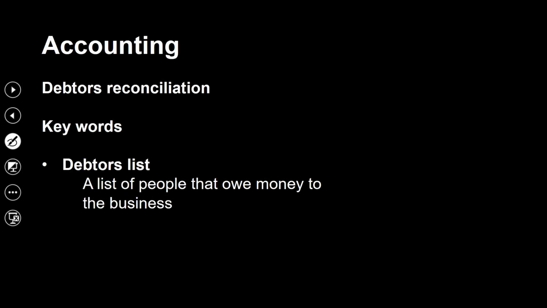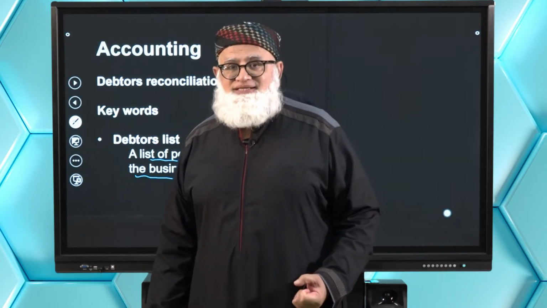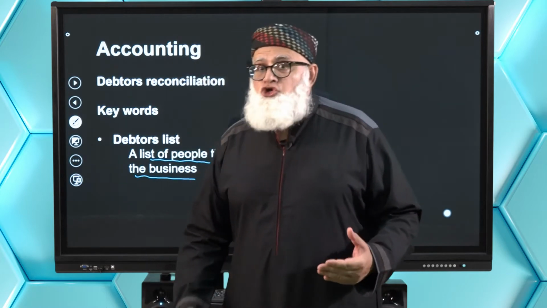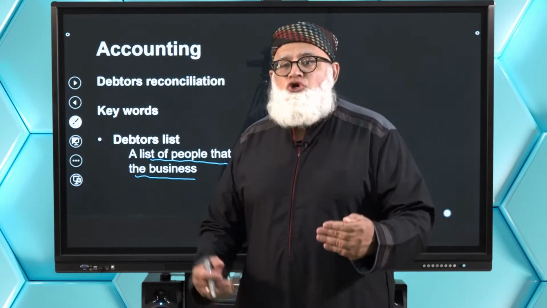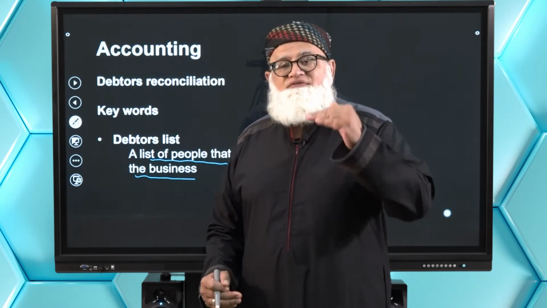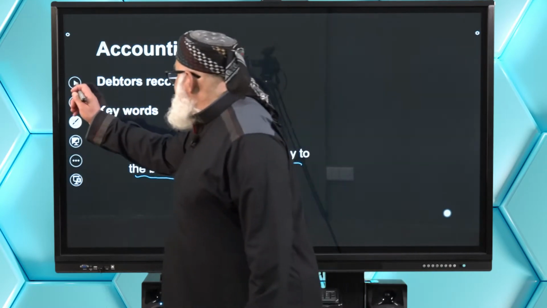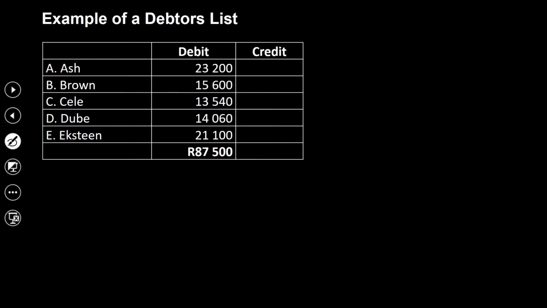Right. Now, look at this here. What's your debtors list? Your debtors list is a list of people that owe money to the business. Now, where does this debtors list come from? Obviously, your debtors list comes from your debtors ledger, right? And in your debtors ledger, you have individual debtors. Here we go.